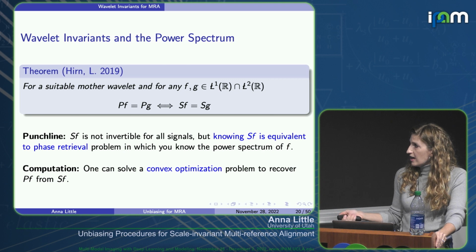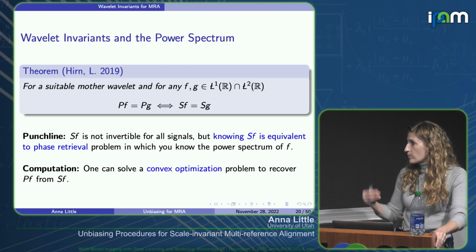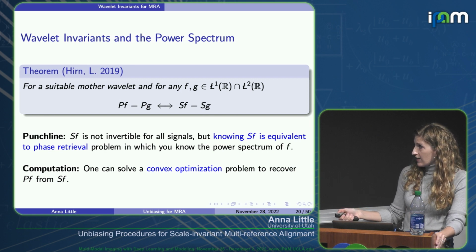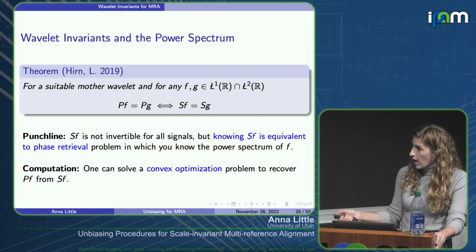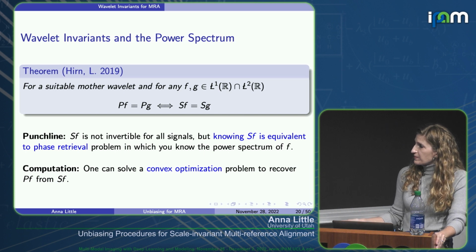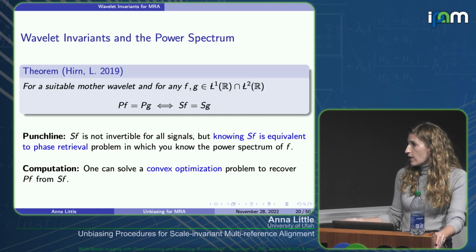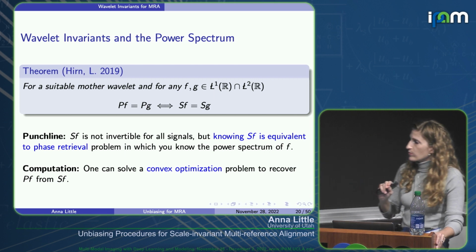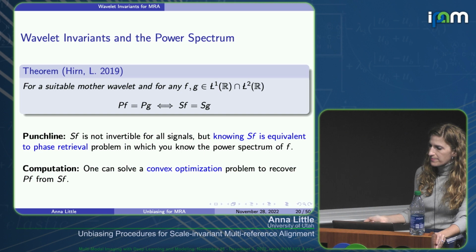You can also solve a convex optimization problem: after you've learned the wavelet invariants, you can recover the power spectrum of F from the wavelet invariants of F. So you can go back to that power spectrum representation if that's what you're interested in.